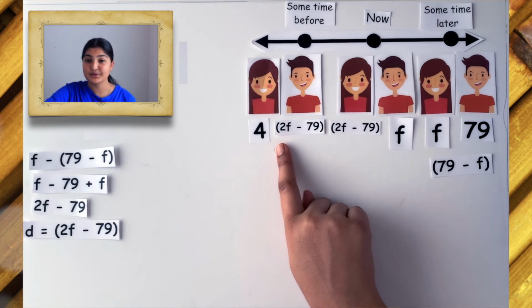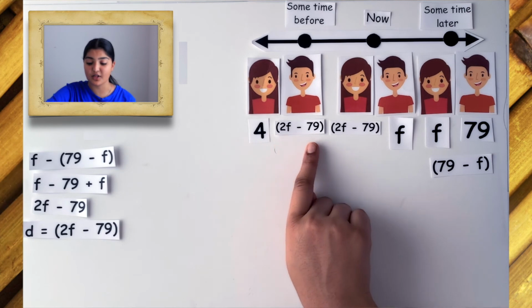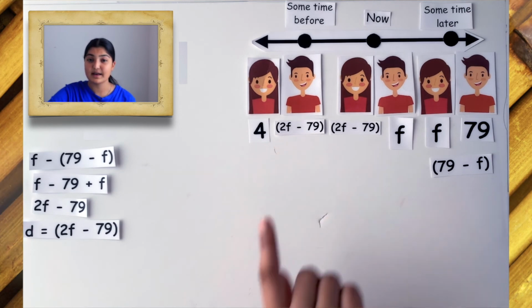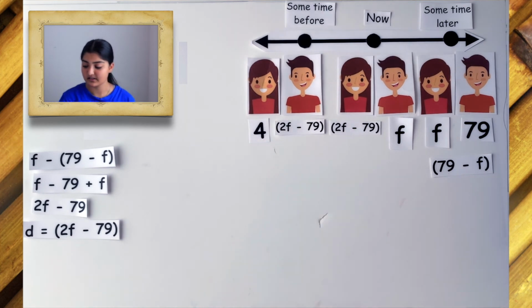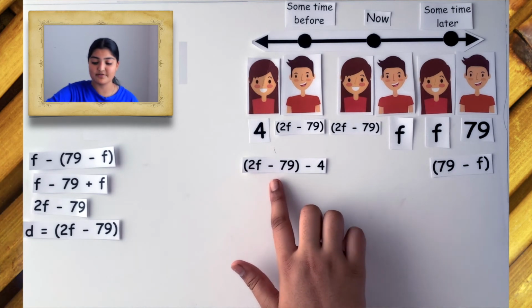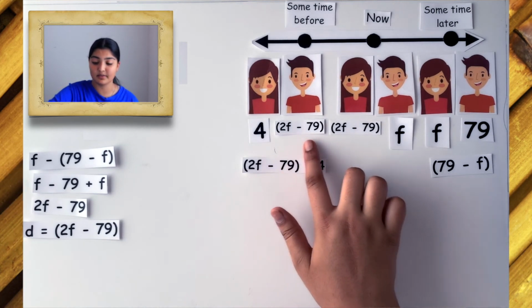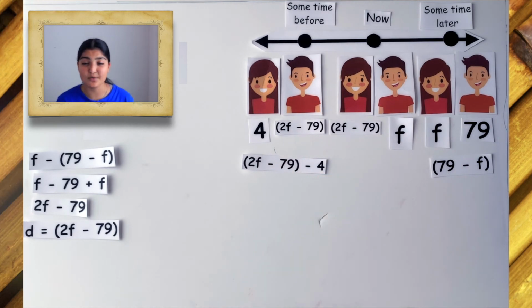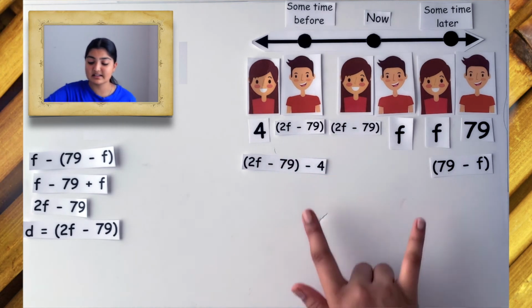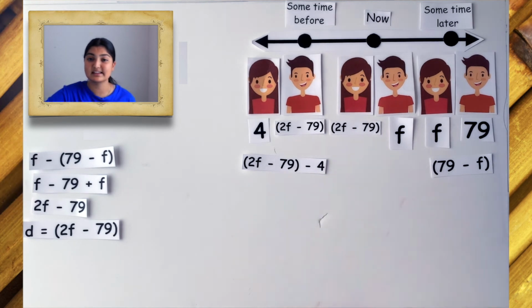So, we can do the father's age minus the daughter's age, which we could write like this. 2f minus 79 minus 4. And now, we can make these two differences equal to set up our equation.